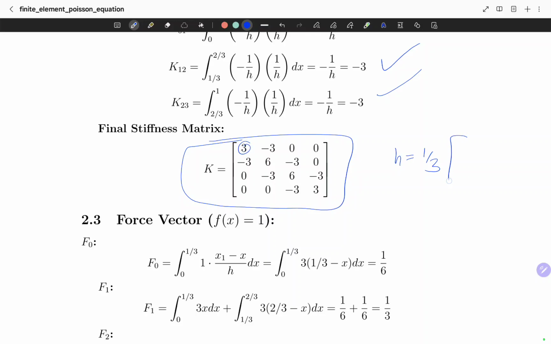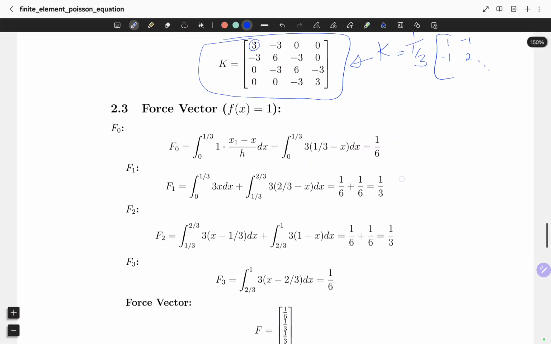So k is supposed to be 1/h, that's 1 over 1/3, and then 1, minus 1, minus 1, 2, and so on. But when you do the operation, you get what you see here.